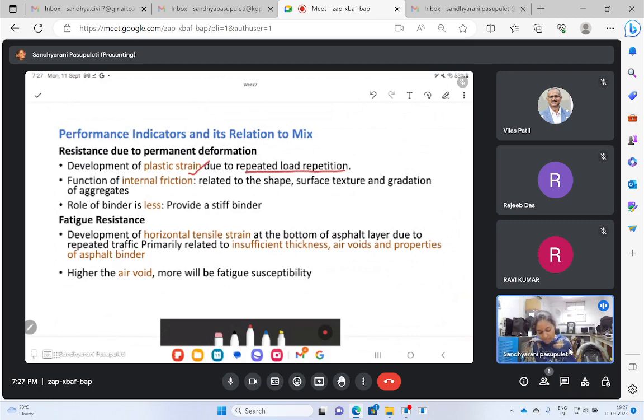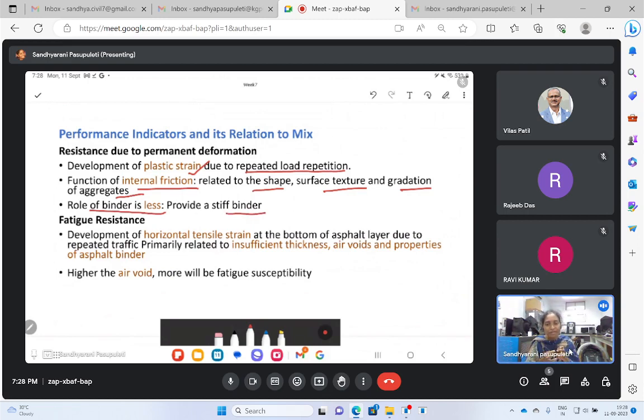When the plastic strain is being developed, the aggregates' internal friction, which is due to aggregate properties like shape, surface texture, and gradation, if they are proper and sufficient, you will not see this failure. And the role of the binder is very less, as we have already discussed. It provides the binding and also the stiffness.